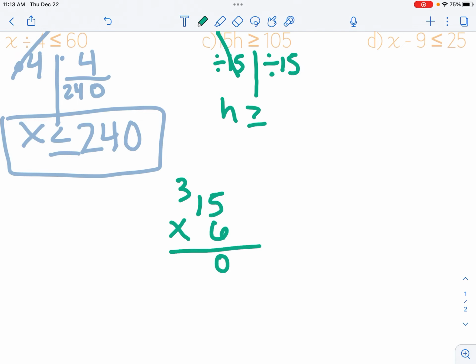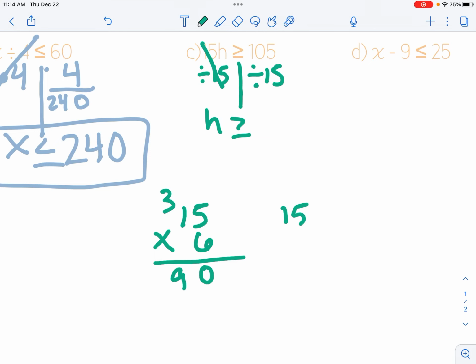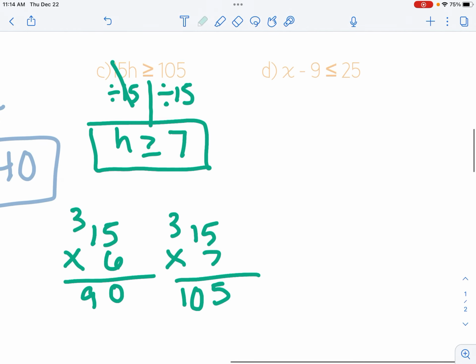Plus 3 is 9. That is 90. So I know that is a little small, so I'm going to see if 15 can actually go in 7 times. 5 times 7 is 35. 7 times 1 is 7 plus 3 is 10. So I found my answer here, which is 7. So H is greater than or equal to 7.